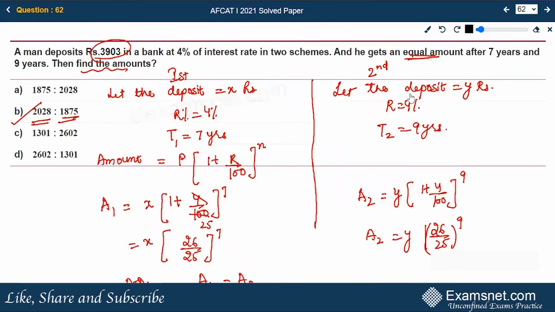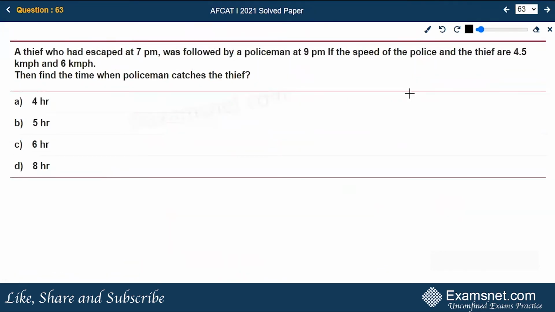Next, question number 62. A thief who escaped at 7 p.m. was followed by a policeman at 9 p.m. So the thief escaped at 7, he started traveling. Then after 2 hours, the policeman started. Here is the thief and here is the policeman. If the speed of the police and the thief are 4.5 kilometer, actually the speeds are reversed.